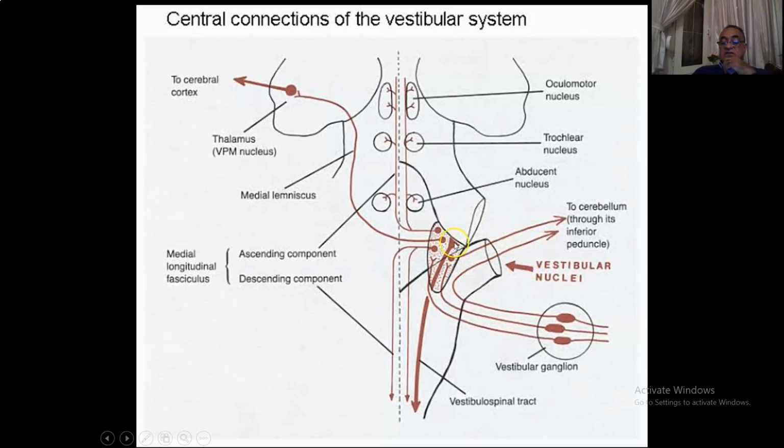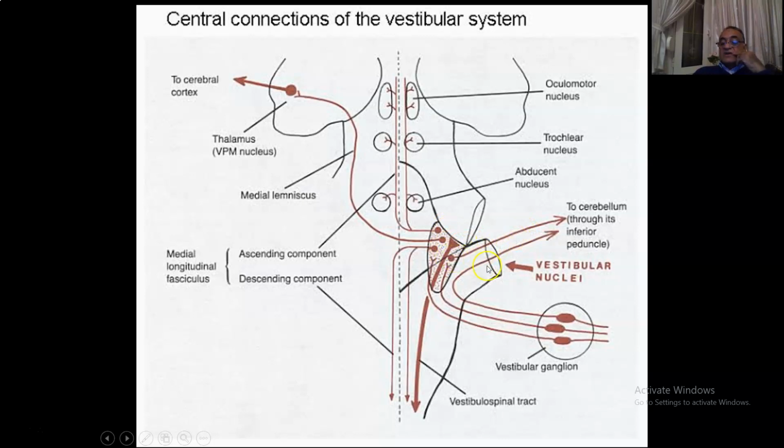So the central vestibular pathway is 4. One is reaching the cerebellum directly, the others are reaching the 4 vestibular nuclei, and the efferents from the vestibular nuclei are in 4 places: spinal cord, medial longitudinal fasciculus, reticular formation, and the cerebellum.